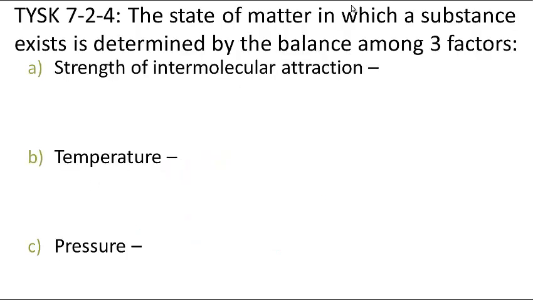So we have these three factors going on for any substance. The strength of the intermolecular attraction. So stronger intermolecular attractions are going to favor what states of matter? Solid.